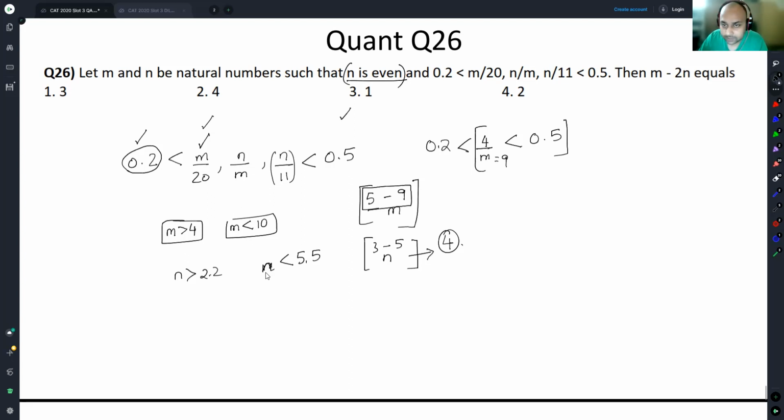The only value where this will get satisfied is m equal to 9. So m minus 2n will be equal to 9 minus 2 into 4, or this will be equal to 1, or option 3, 1 is the final answer. Yes.